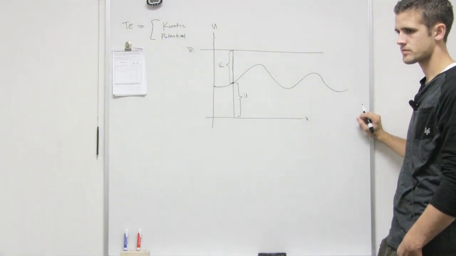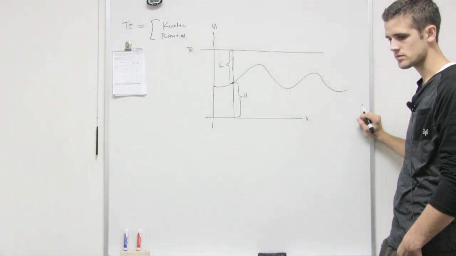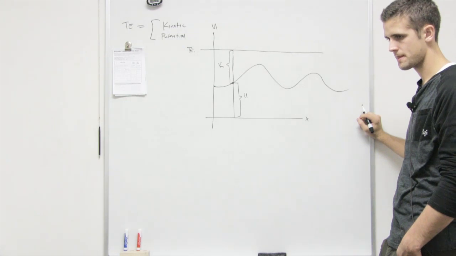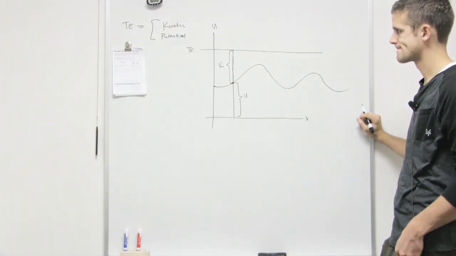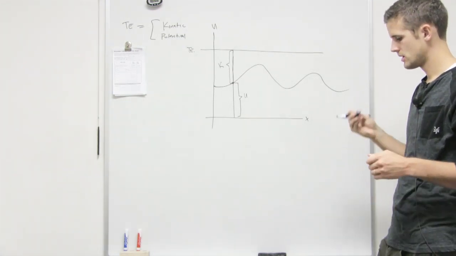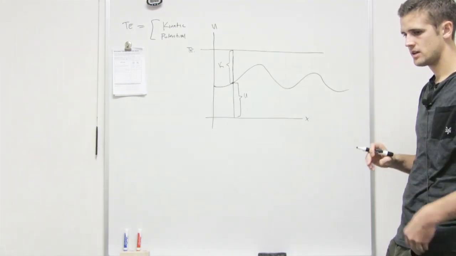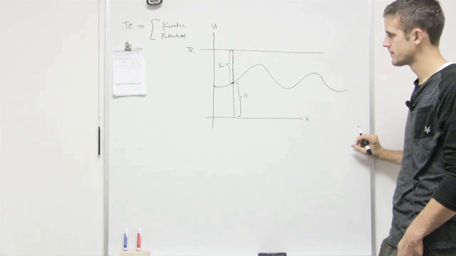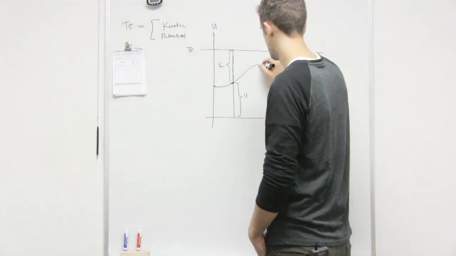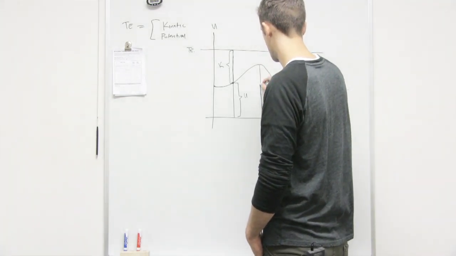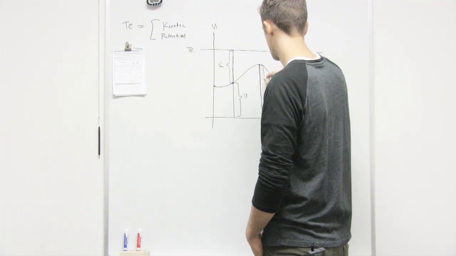Speeds. The maximum, where the graph reaches the highest point. Well, if you look at that point, what's this value? Potential energy.